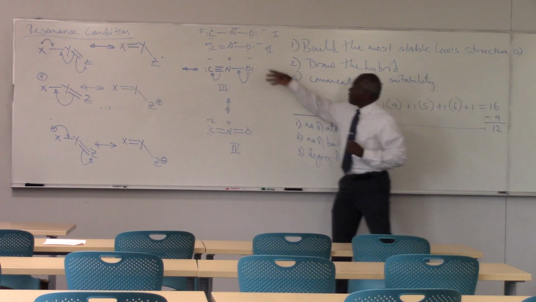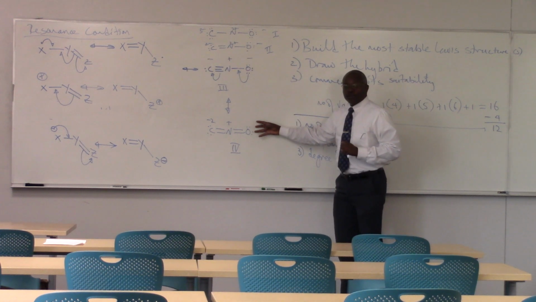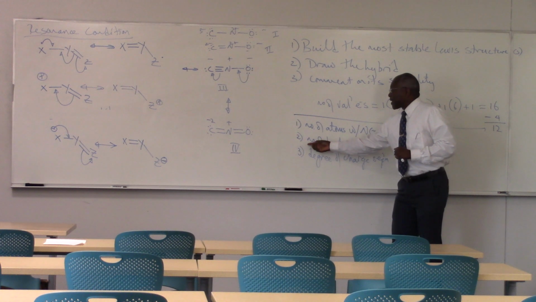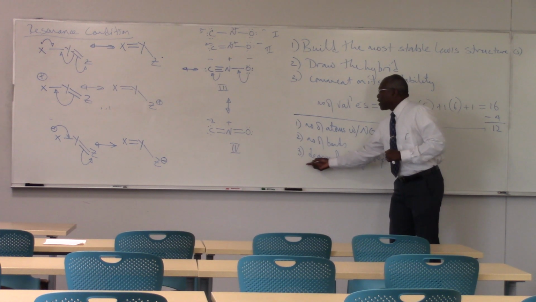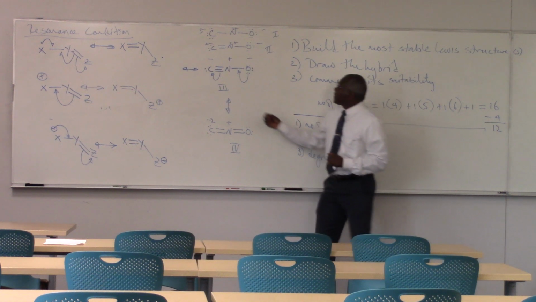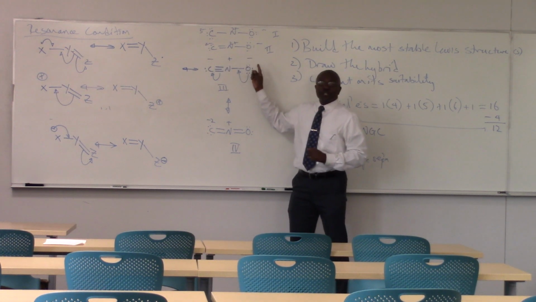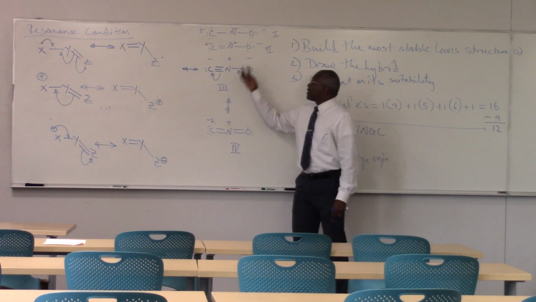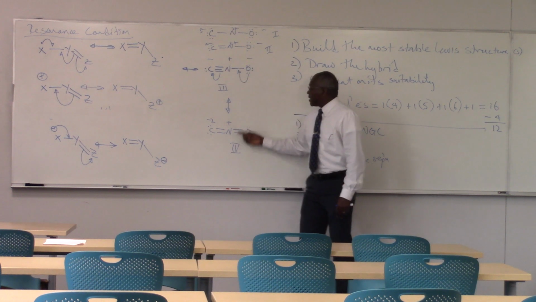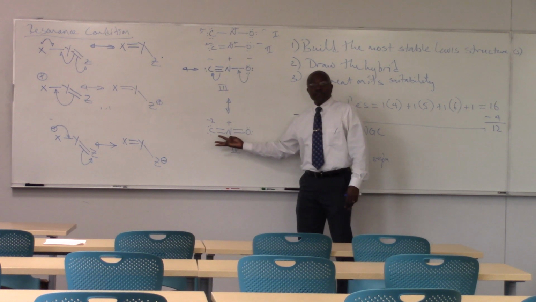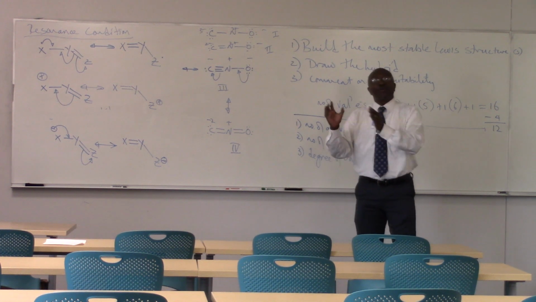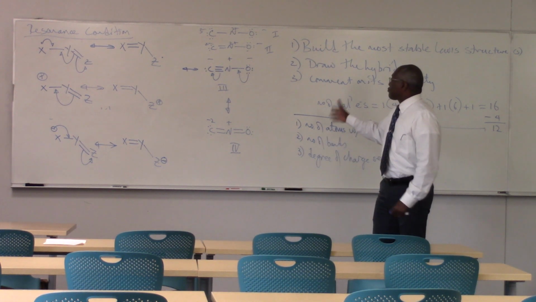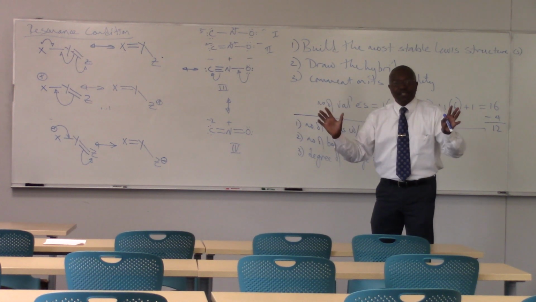Number of bonds, 4, 4. So from that perspective, structures 3 and 4 are equivalent. Degree of charge separation. Well, my modulus of charge, my absolute value, is 3. In this one, it's 3. So from all 3 measurable parameters, structures 3 and 4 are identical.